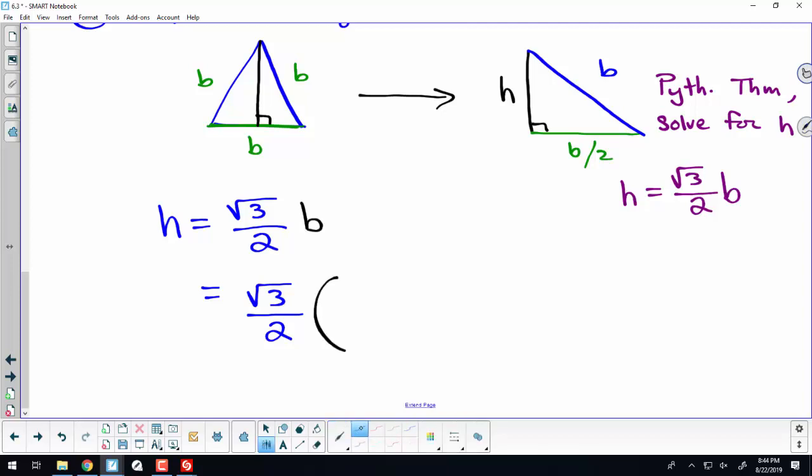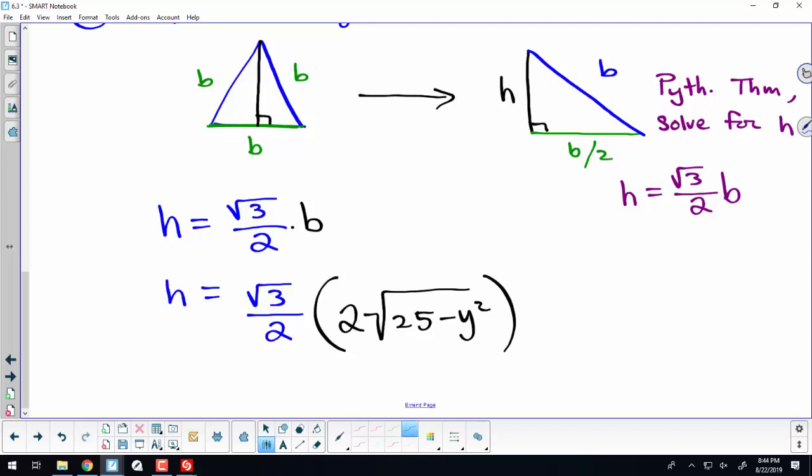And from the step above, we saw that the base was 2 times the square root of 25 minus y squared. So that's our h in terms of y as well.